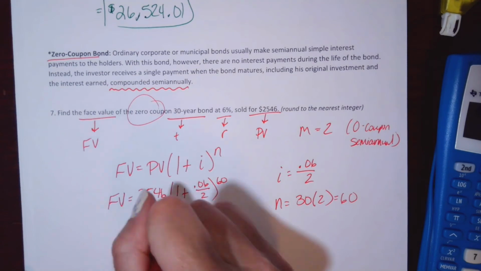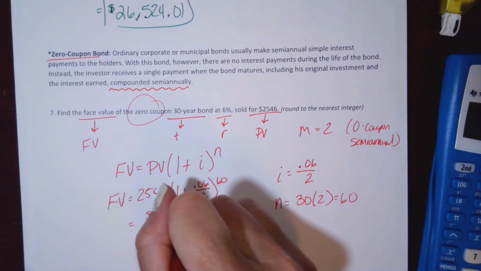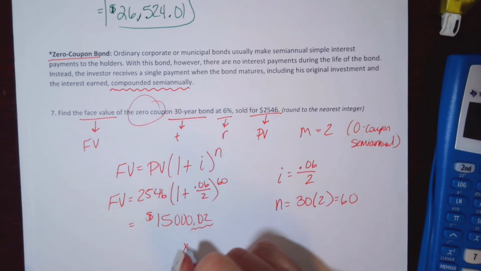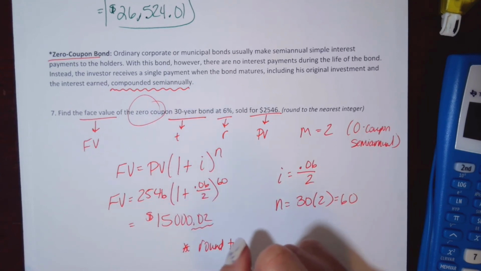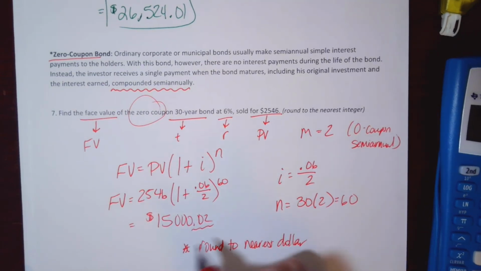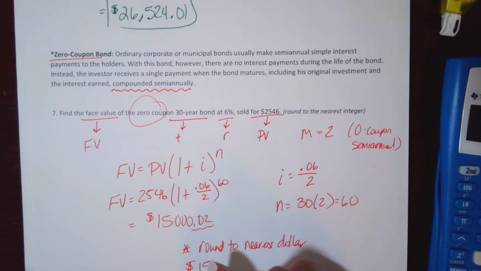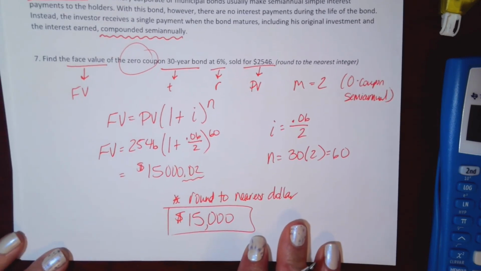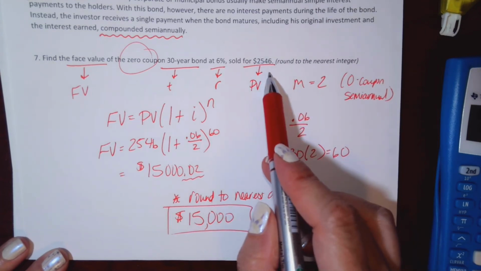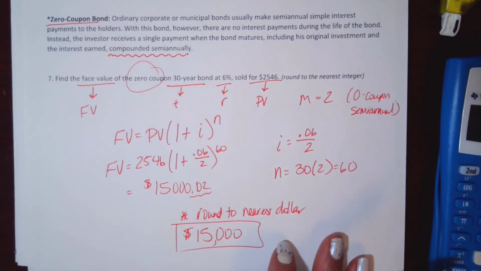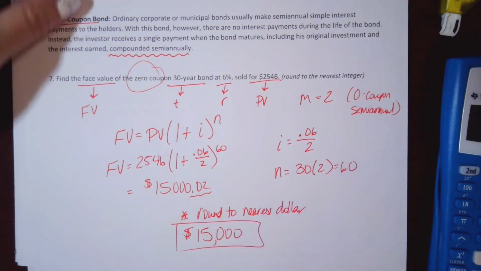Now the thing about calculating these future values of bonds is that we are going to round to the nearest dollar. So you would report that future value, you've bought a $15,000 bond for $2,546. That means that in 30 years you expect to get $15,000 back when you cash in the bond.